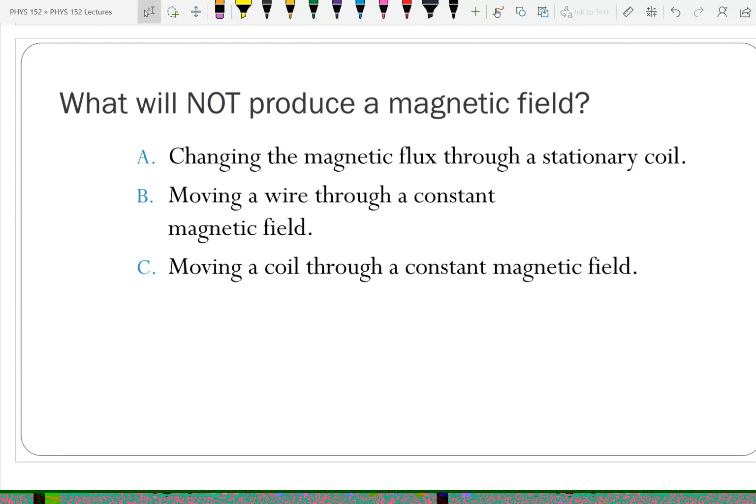So our next question, what will not produce a magnetic field? It's not select all answering. What will not produce a magnetic field?